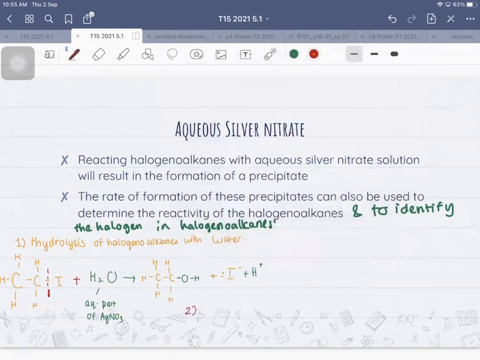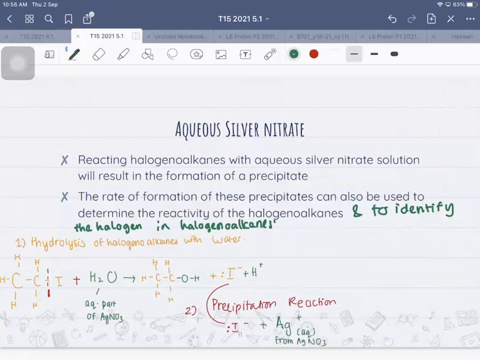Okay, the second reaction is what we call the precipitation reaction, where your iodide ion will react with Ag plus from silver nitrate.